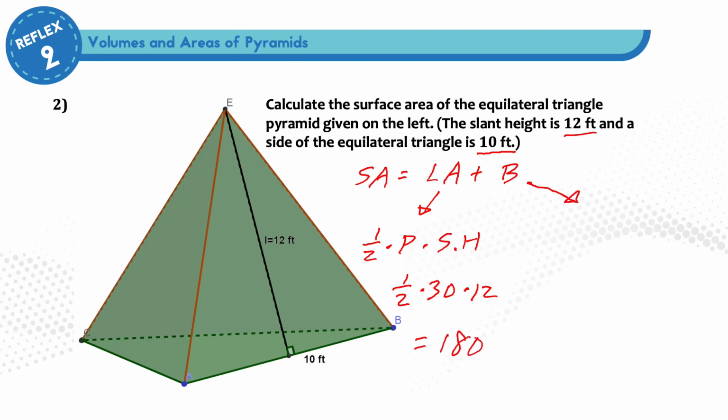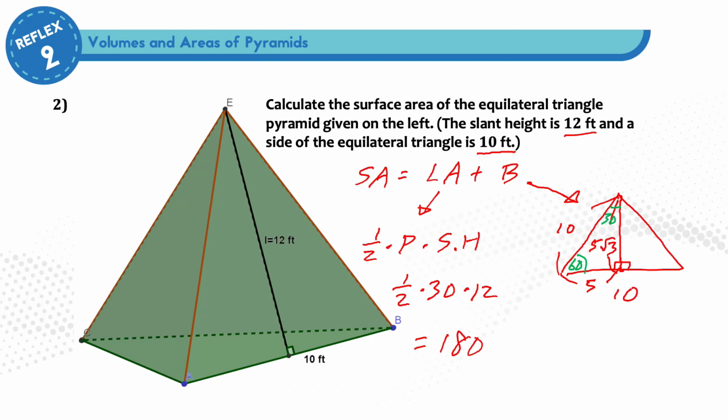Now, the base. We have an equilateral triangle with each side being 10. So if we drop a perpendicular bisector here, we'll have 5 here and 10 on this side, which means this side would be 5 times square root of 3, because remember, this is a special right triangle.